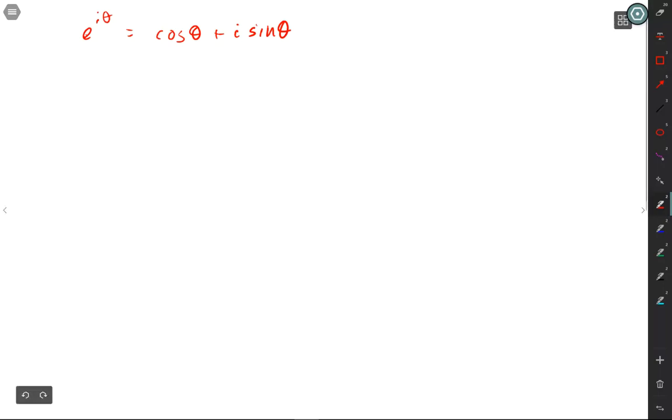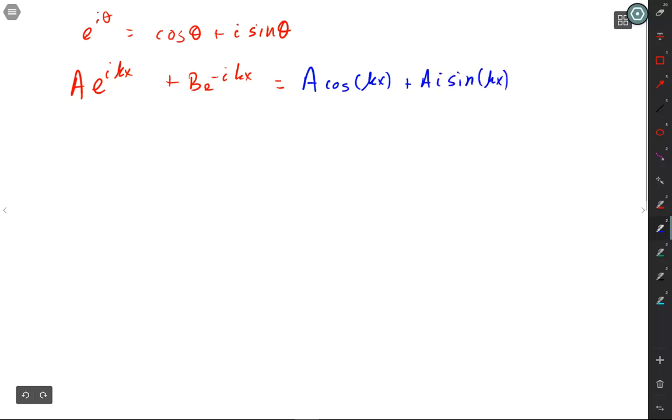So that allows us to say that A e to the ikx plus B e to the minus ikx is equal to A cosine of kx plus Ai sine of kx plus B cosine of minus kx plus Bi sine of minus kx.